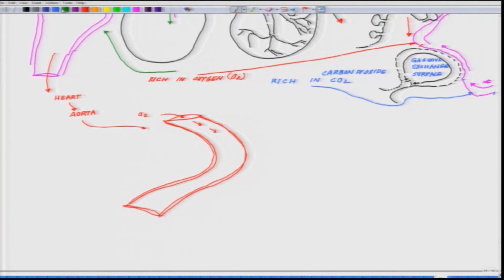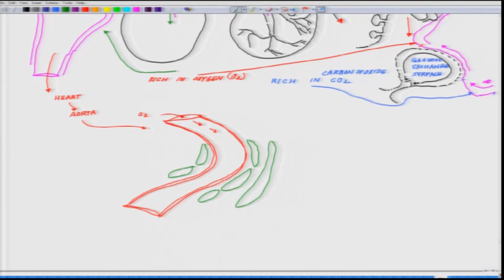Now, it reaches the site where you have the tissues, and this is where it has to exchange the gas. Now, it is no more in the lungs, it is in the other tissues. Okay. And these cells and tissues have their own biological requirements of oxygen.